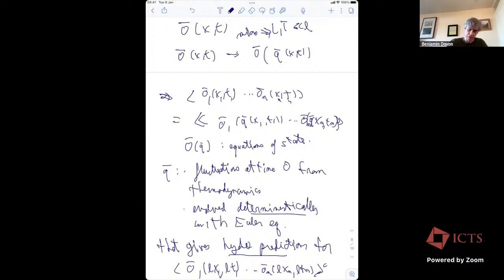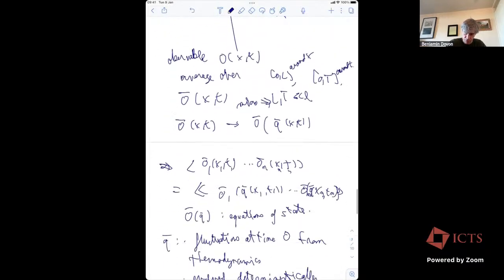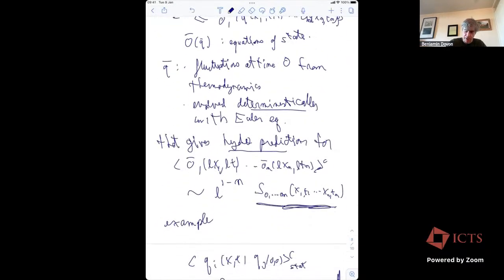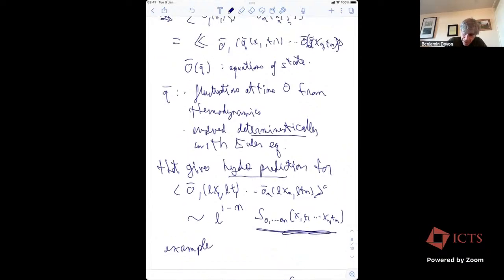But it turns out for the Euler scale, these O bar of Q bar are exactly nothing else but the trace of O times exponential of minus the sum of beta Q. As functions, so the usual equation of state as a function of the average Q's.